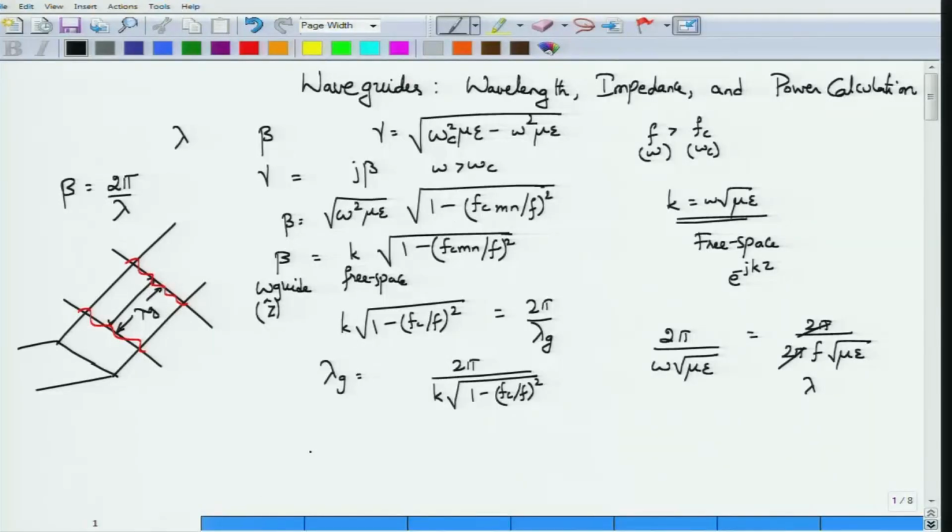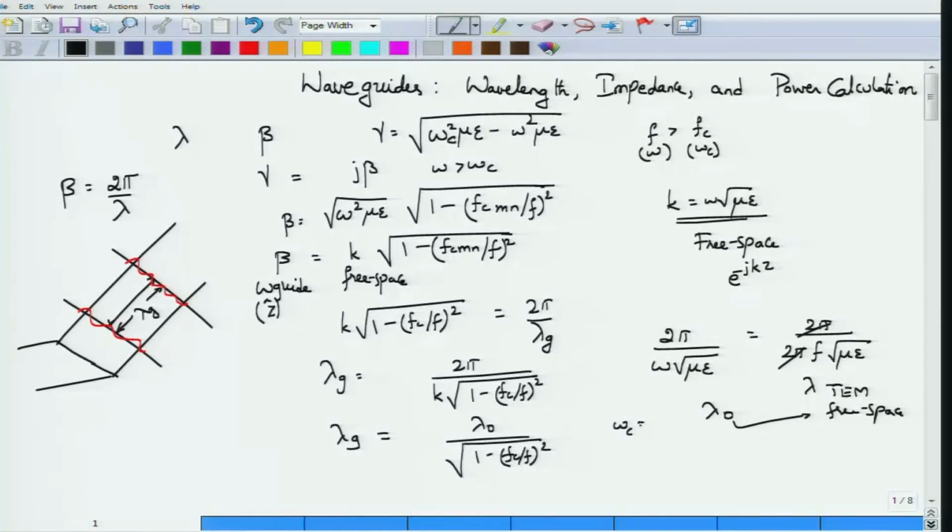So, wavelength lambda is the wavelength of the TEM waves, transverse electromagnetic waves, or the lambda in free space. Sometimes this lambda in free space is given by the notation lambda 0, 0 indicating that this is the free space wavelength. So, in terms of that lambda 0, I can write this expression for guide wavelength lambda g as lambda 0 divided by square root of 1 minus f c by f whole square.